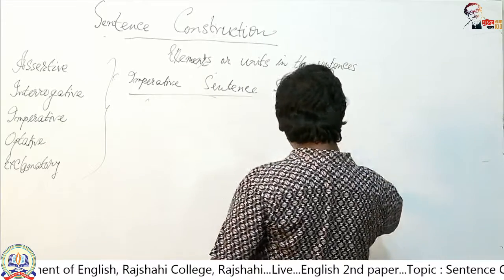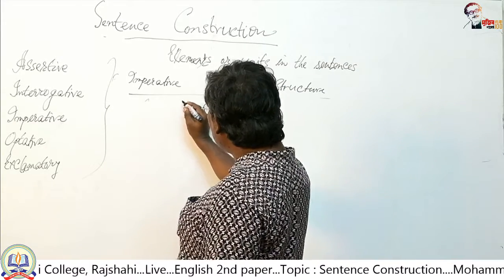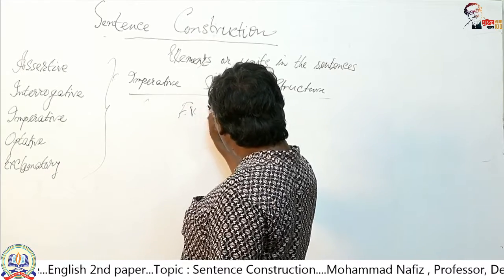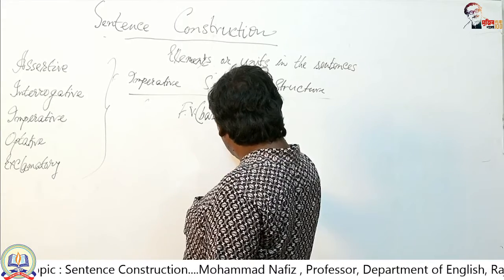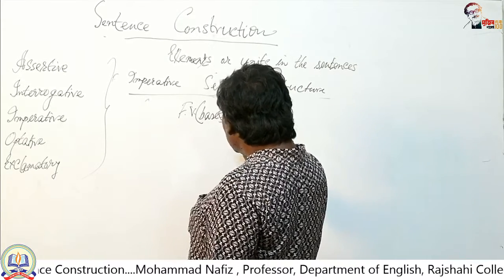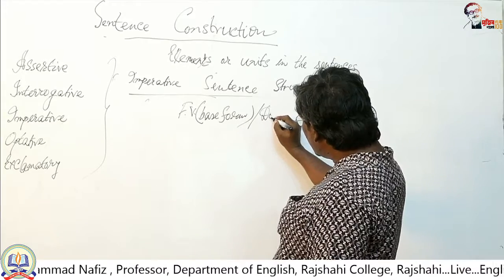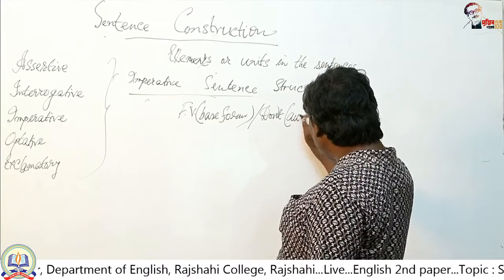This is the usual pattern of imperative sentences, beginning with a finite verb in the base form, sometimes with don't, which is an auxiliary verb.